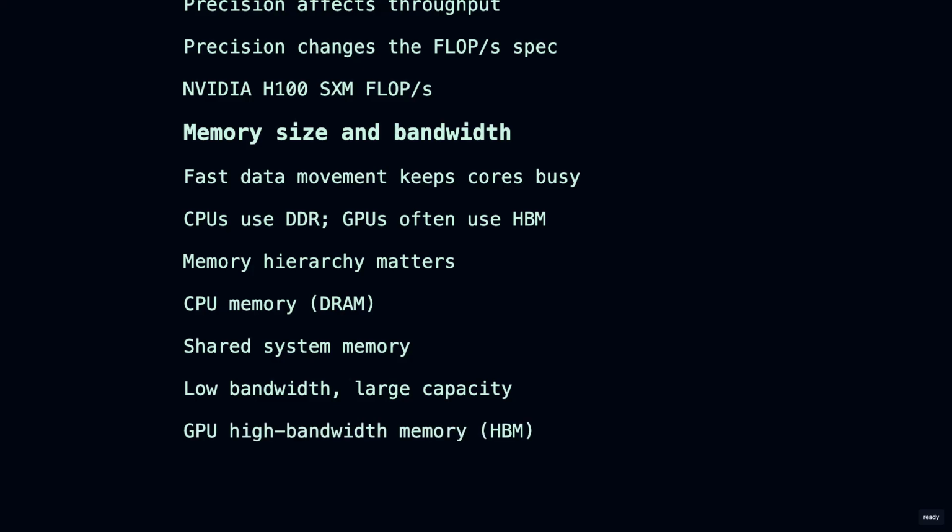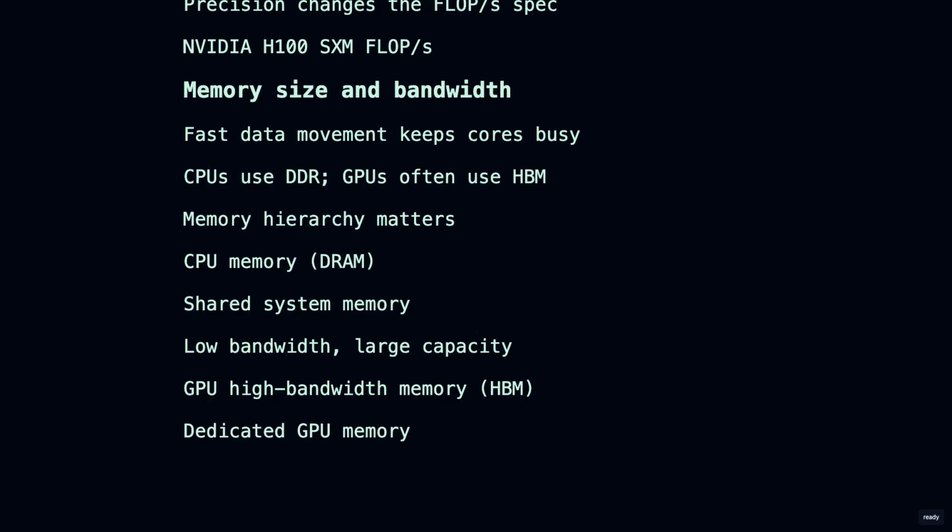Now move one level closer to the chip. HBM is dedicated GPU memory, placed near the accelerator so data can move much faster. Because this memory belongs to the GPU, it is designed for fast access by the accelerator itself.